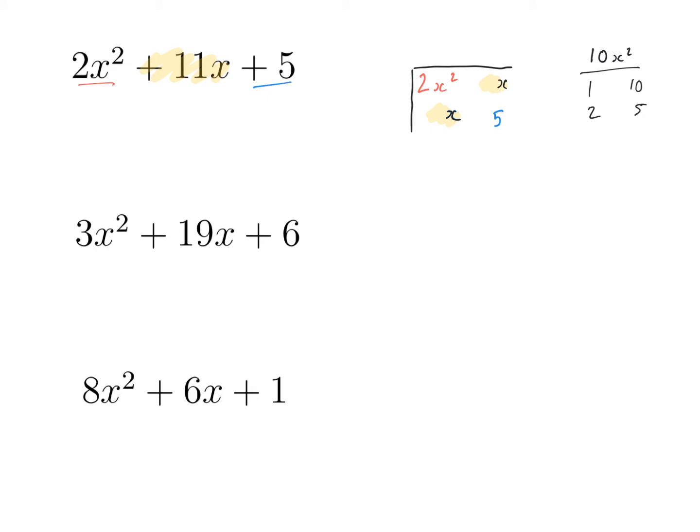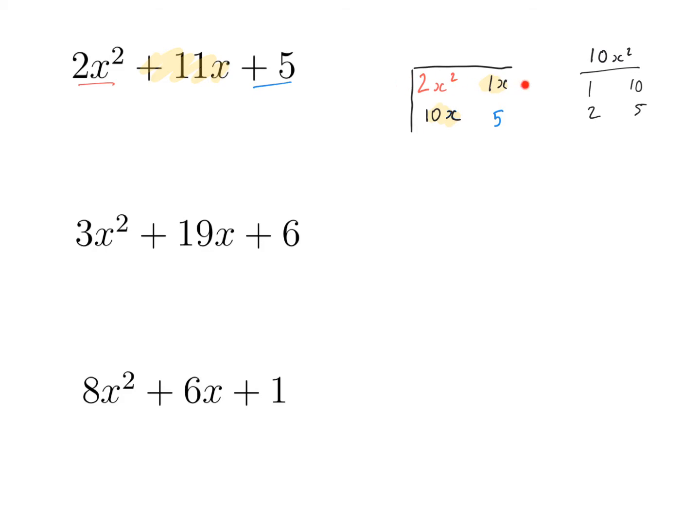So it means I can fill in my grid. I'm going to put 1x here, and I'm going to put 10x there. I could, if I wanted, have put 10x here and 1x there, and it would have made no difference at all. Now that I've filled in my grid, I can start pulling out common factors to the side to figure out what my brackets are.